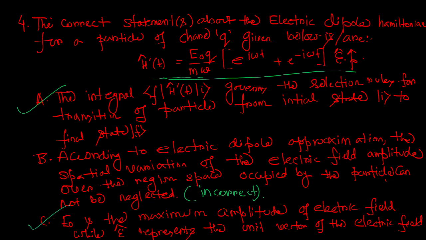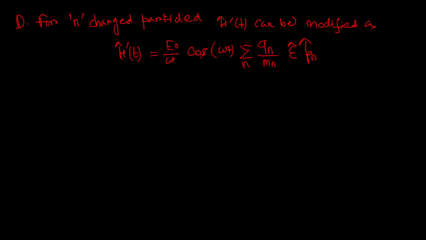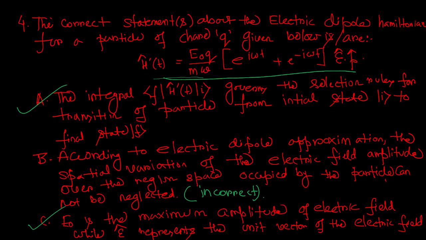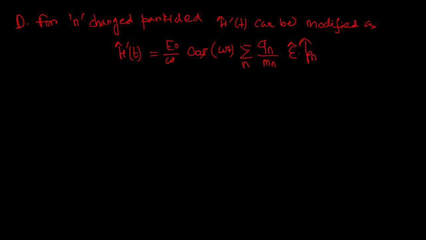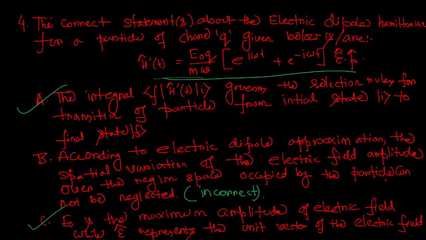So the electric field is E0 cos omega t, an oscillating field, between -1 and +1.